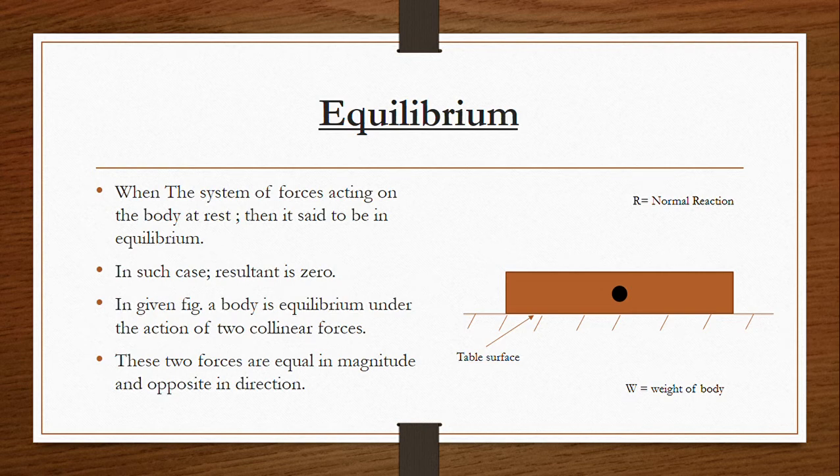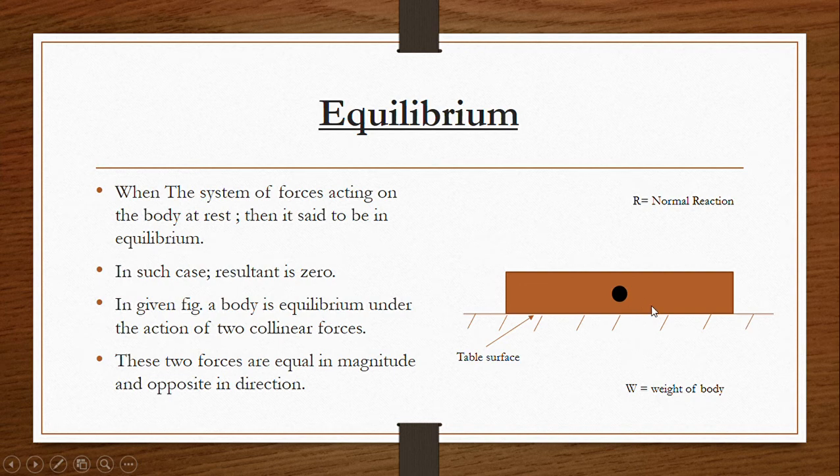What it means: when the body does not undergo any kind of stress or strain, then that body is called in equilibrium. As the definition says, when the system of forces acting on the body is at rest, it is said to be in equilibrium. We have given an example: a block resting on a table surface.